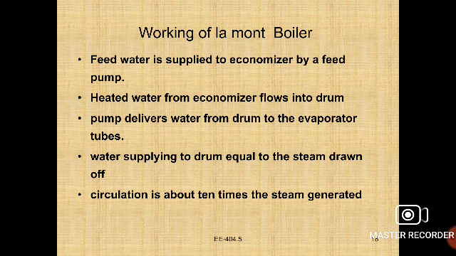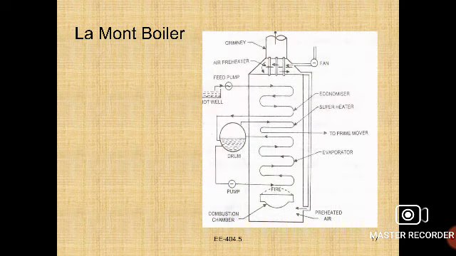You can check the figure I am showing here regarding each and everything. The pump delivers the feed water to an evaporator tube. With water circulation of about 10 minutes, the steam is generated.